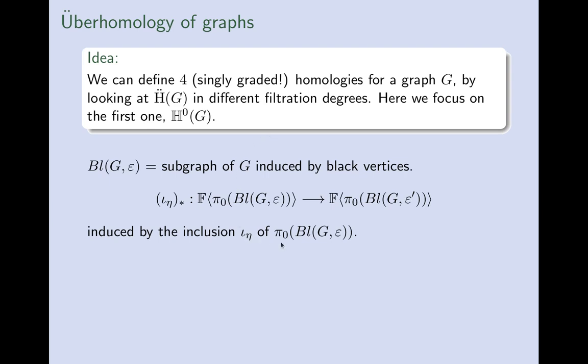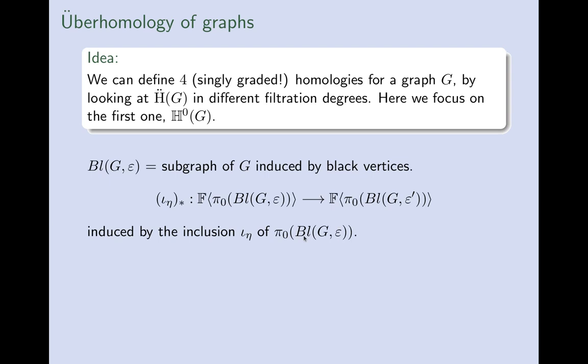Then we can consider, as before, the poset of all the possible colorings for a given graph, and we associate to the edges eta the maps that are induced by the inclusion of the connected components of the respective black graphs.